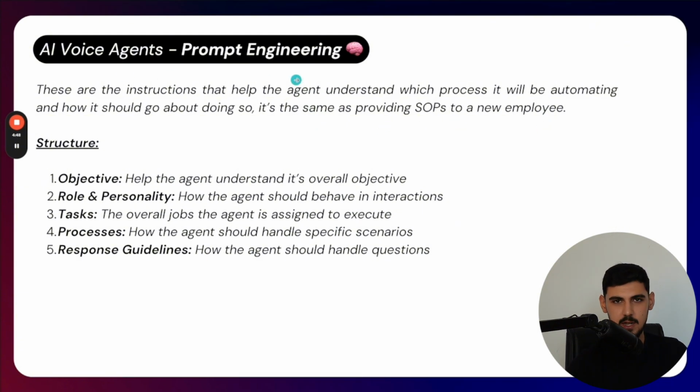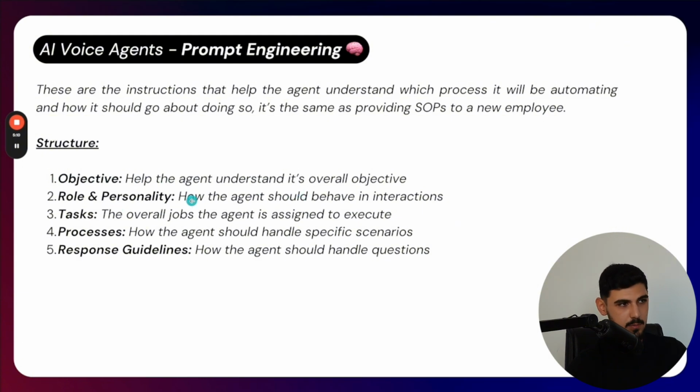So essentially, guys, the prompt helps your agent understand the purpose that it's going to be serving. And there are ways you can structure your prompt to make it more effective. And obviously, I'm going to show you my prompt in a little bit. But every prompt should have these 5 basic pillars to it. So first of all, we have the objective, where you help the agent understand its overall objective.